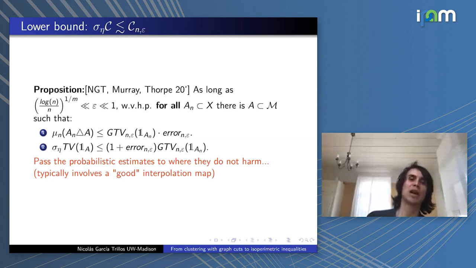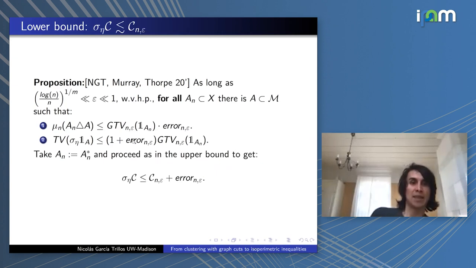Okay, and this is perhaps the main property we're interested in, because what it is going to imply is that, now that we have these conditions for all possible subsets of the data set, we can do the same trick that we did for the upper bound, but now for the lower bound.